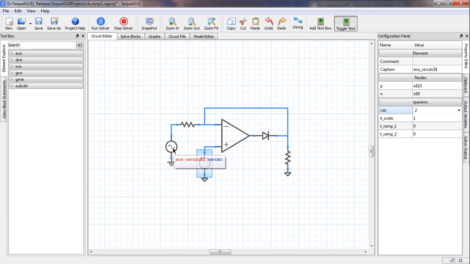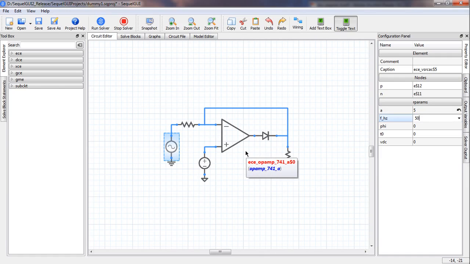This is our input voltage. We can make the amplitude equal to 5 volts and select a relatively low frequency, let's say 50 Hertz, because the 741 op amp is not going to work at high frequencies. We can also display these values.